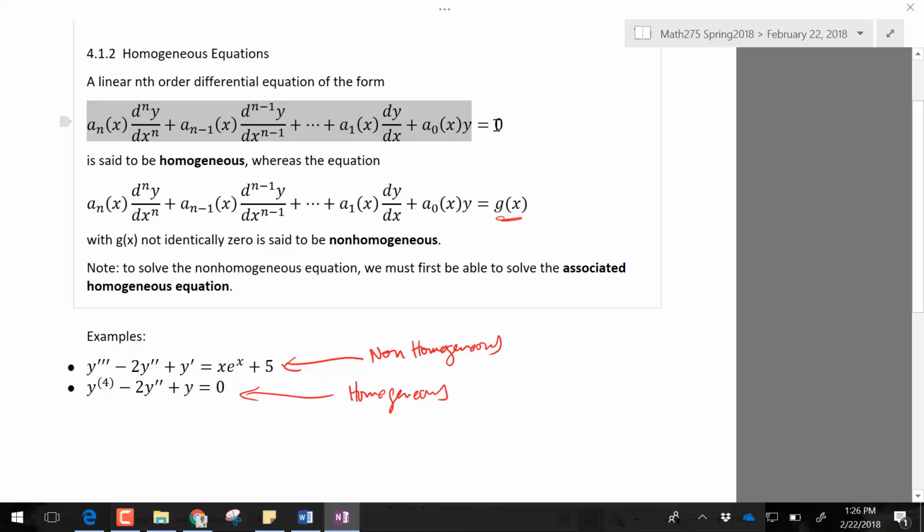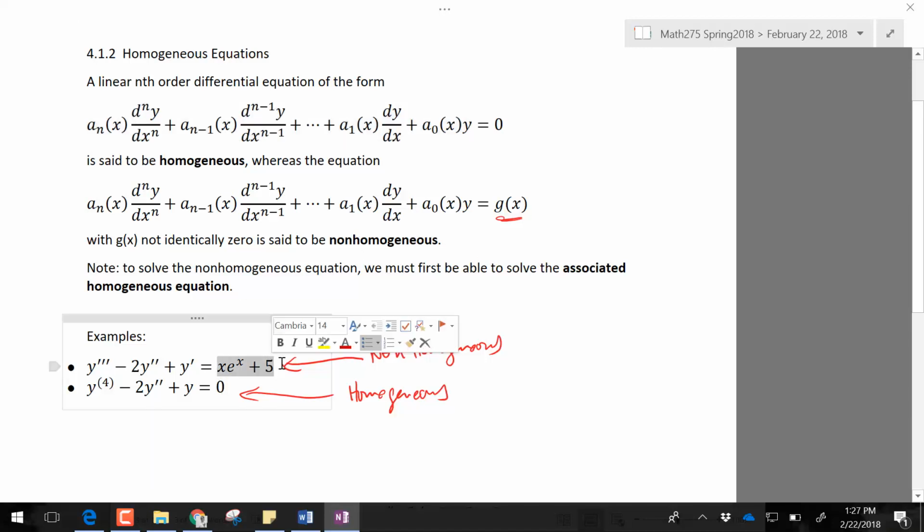If you don't have any other terms that don't have y or y prime or y double prime, then your right-hand side is going to equal 0, so that's homogeneous. If for some reason you have some non-y expressions, then you bring that to the other side and bring everything with the y expressions on the left side, everything else on the right, and then in those cases you have a non-homogeneous if you have non-zero.